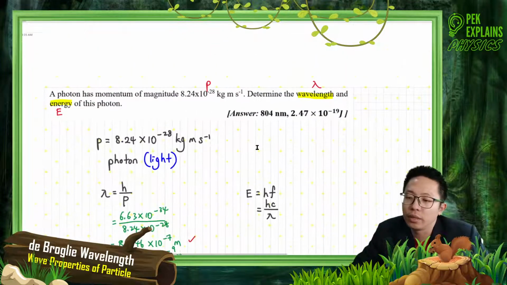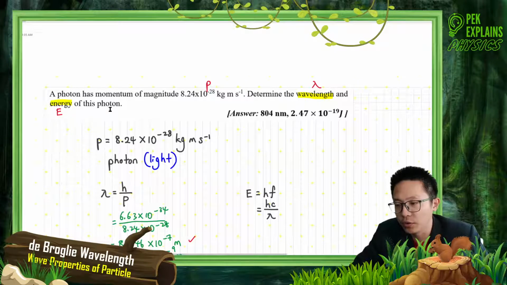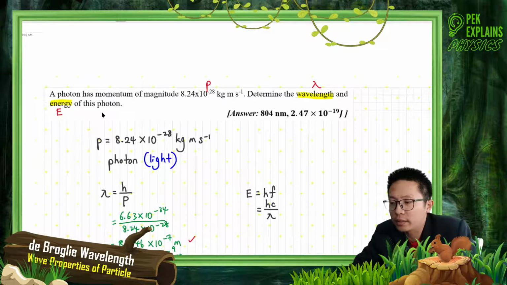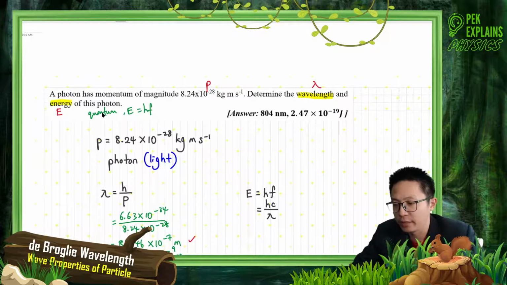Okay, and then we want to find the energy of the photon. Energy of a photon is hf because it has a quantum, a quantum of energy. A quantum of energy is hf.